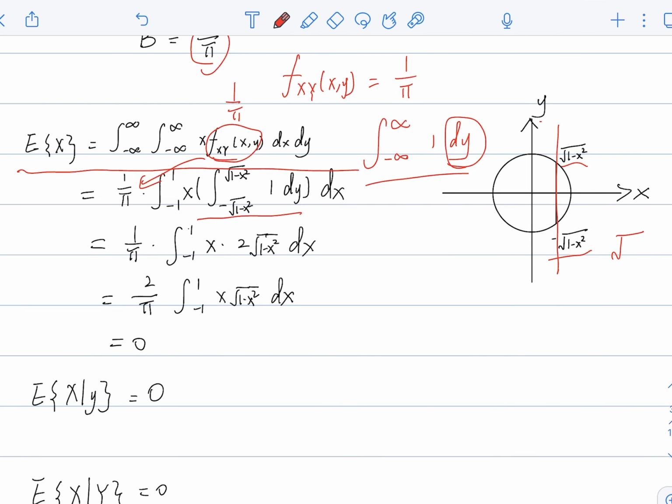After this, we calculate the integral, and the result is this.